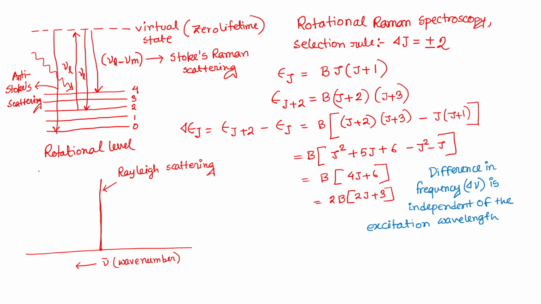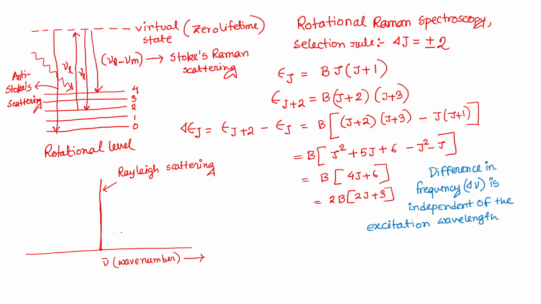I think I am making one mistake. Let me take this out. Suppose your wave number or energy is increasing this side, so for your scattering, nu L plus nu M will come this side.